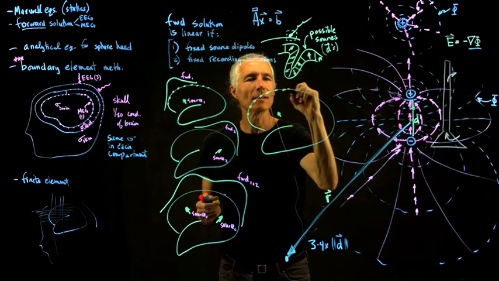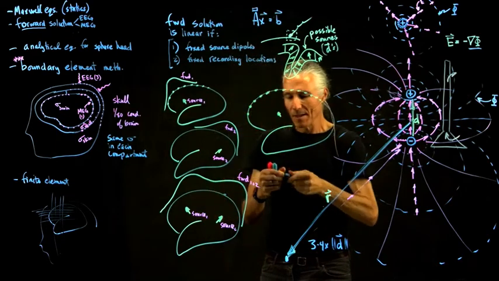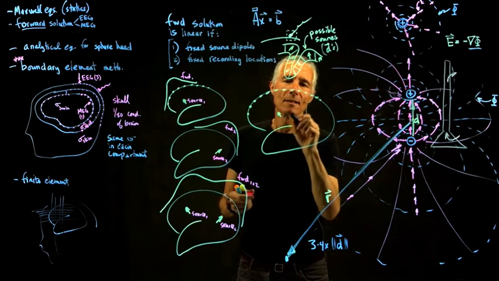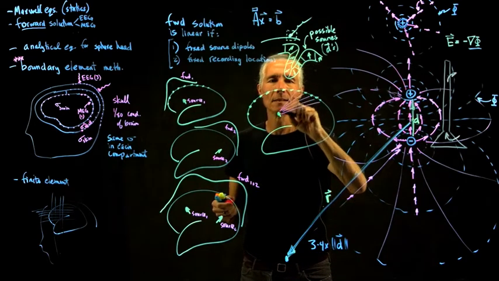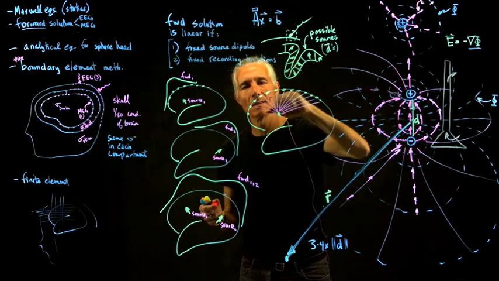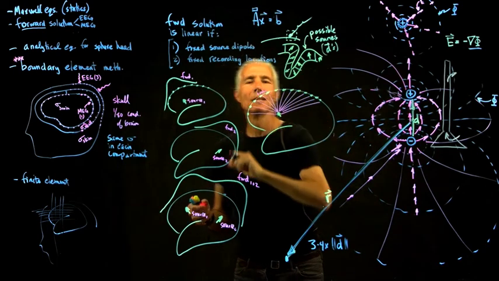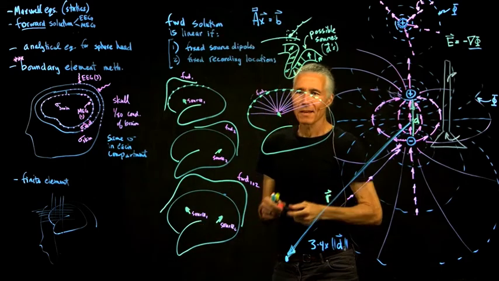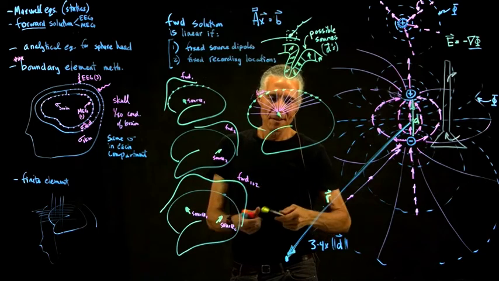Here's all the recording sites. For a given source, we just calculate the forward solution for each of these once. So we calculate all those forward solutions, these are forward n. And then we're done.